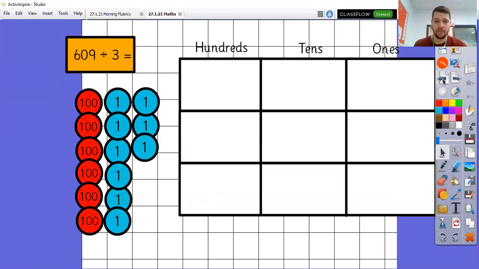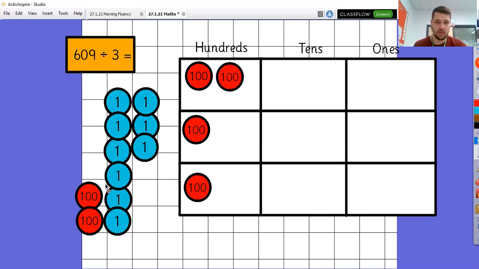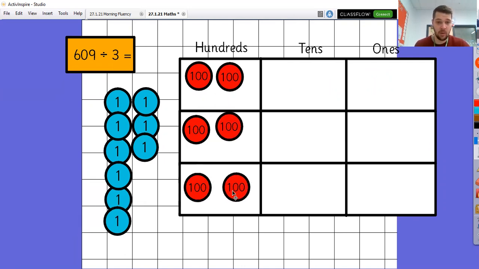Okay, so what we can do is we can drag these over. So 100, 100, 100, equal amount, 100, 100, 100. So we have an equal amount of hundreds. That's brilliant. So 200 in each section.